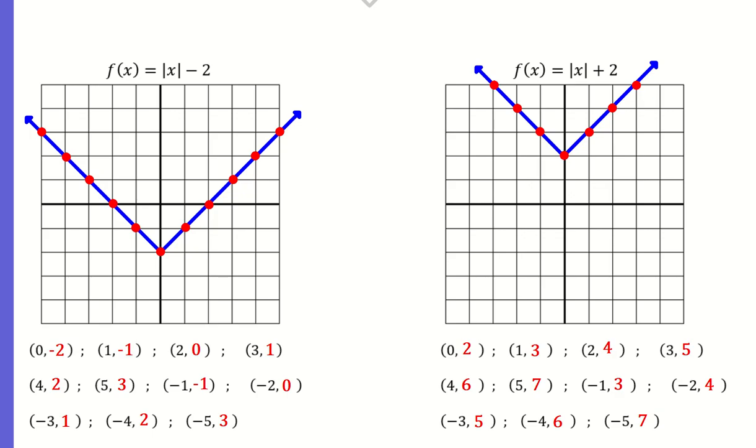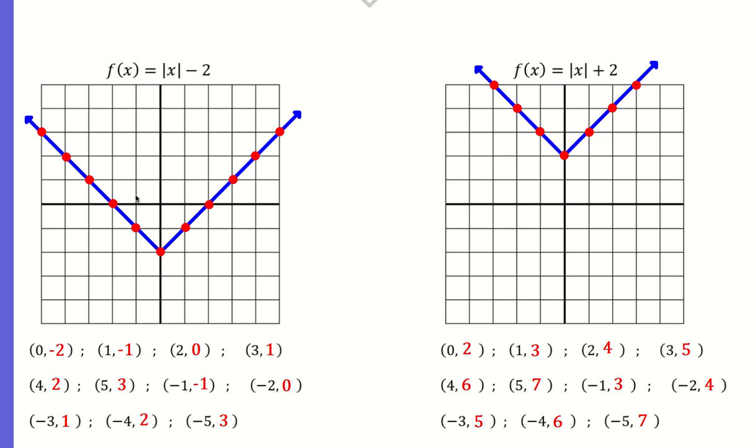But now you can look at this and go, if we throw this -2 at the end of the equation, look what happened to the graph. It's essentially the same V. It's right side up. The slopes are basically up 1 over 1 in both directions.